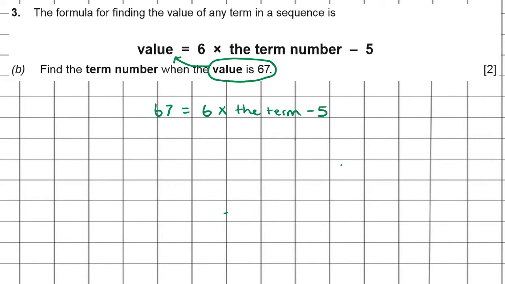Okay, so this is like solving the equation now. So that's plus 5. So 67 plus 5 gives us 72 equals 6 times the term number. Okay, so because we got times, we divide by 6. 72 divided by 6. So therefore the term number is 12.